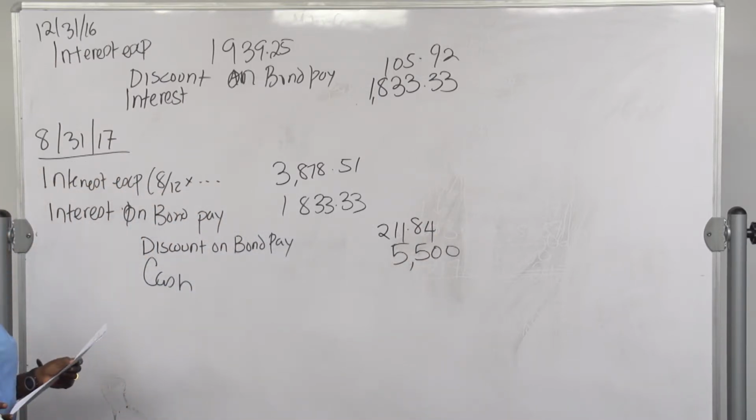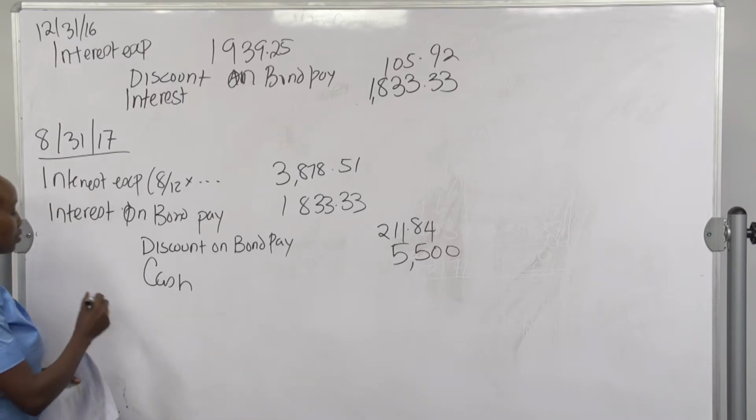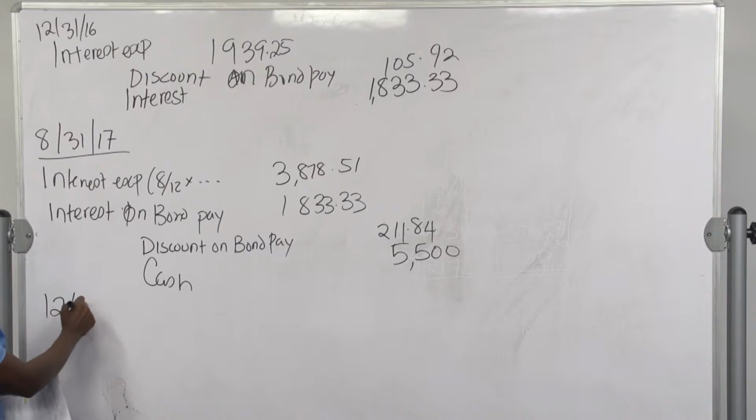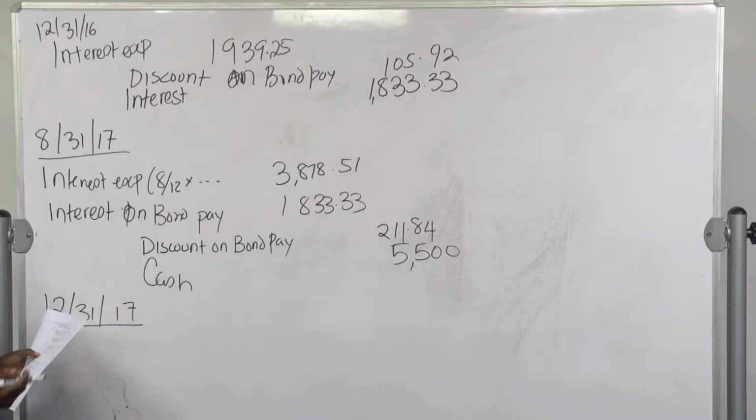Next, we have, so we posted August 2017 as to December 2017. So in December, the carrying value, actually, by then we've amortized again. So our carrying value as of December 2017 is $48,799.08.